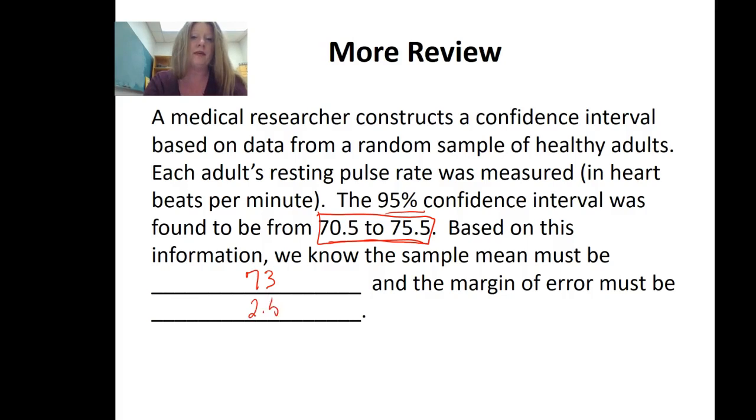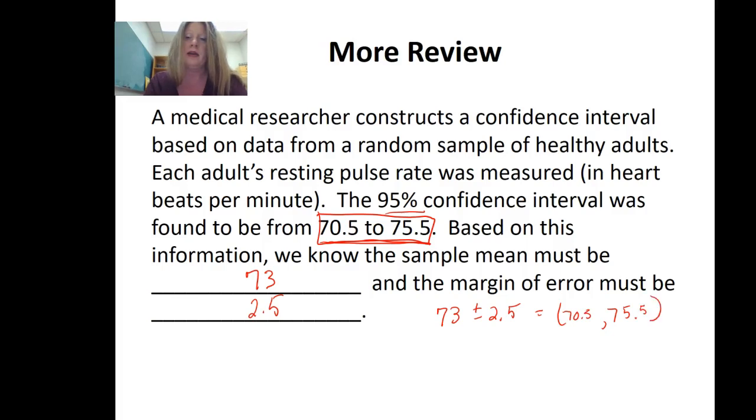It's 2.5 units away, or 2.5 heartbeats away in this particular case. So again, I'm figuring out that the center of the interval is 73 because that's the average of these two values. And then I know that 73 plus 2.5 is going to give me 75.5. And I know 73 minus 2.5 is going to give me 70.5.